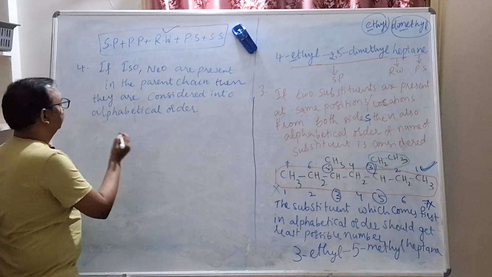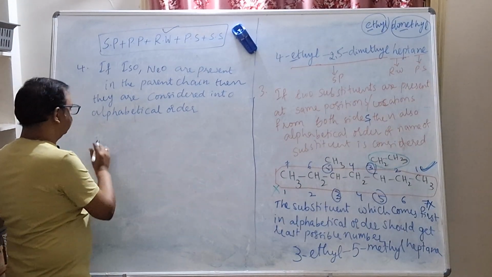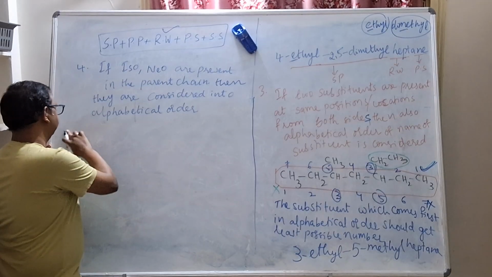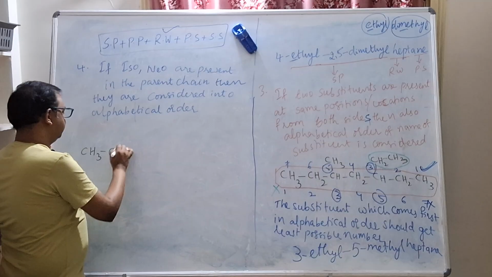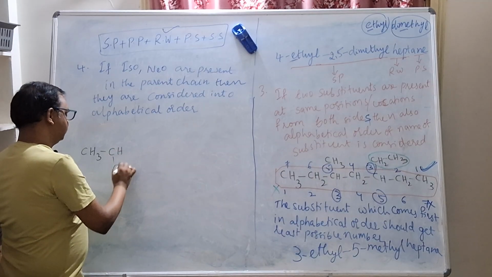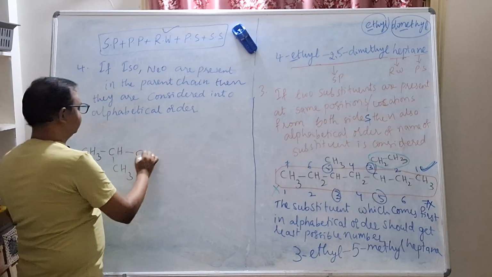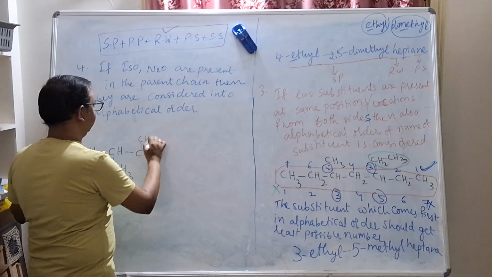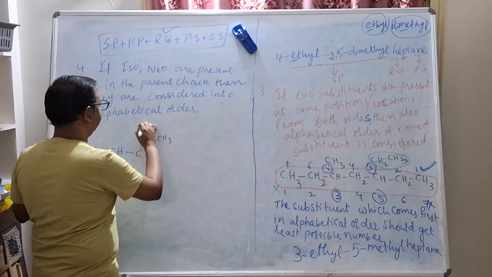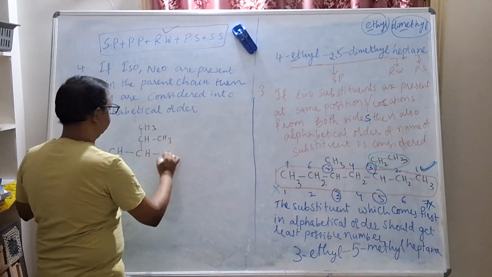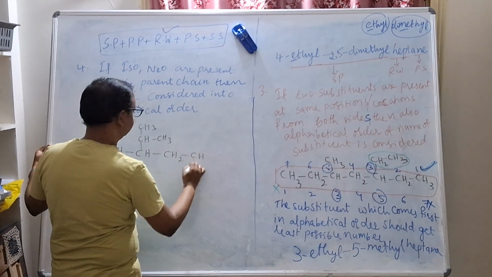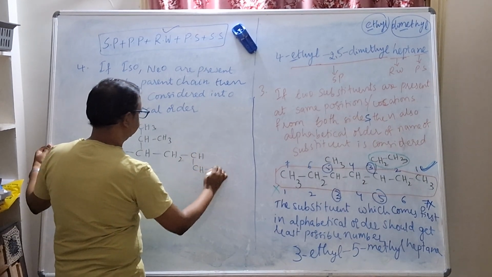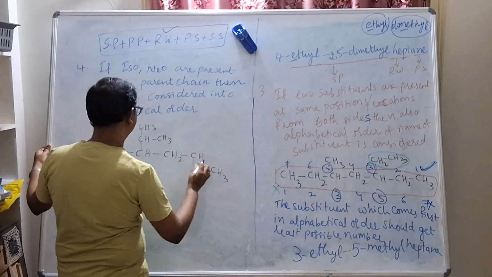Now let's see here. For example, you take this compound: CH3, CH2, CH3, CH, CH, CH3, CH3, CH2, CH, CH2, CH3.